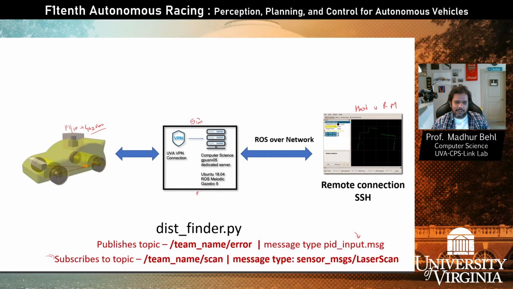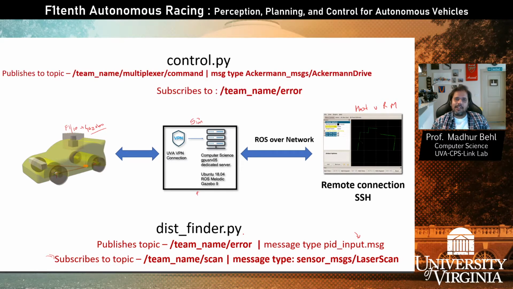Since it is publishing the error, who is listening to this topic? That would be the control.py file. The control node is going to subscribe to the team name error topic, which is getting published by your distance finder. And no points for guessing what it will do. It will implement the proportional integral derivative controller using this error term.